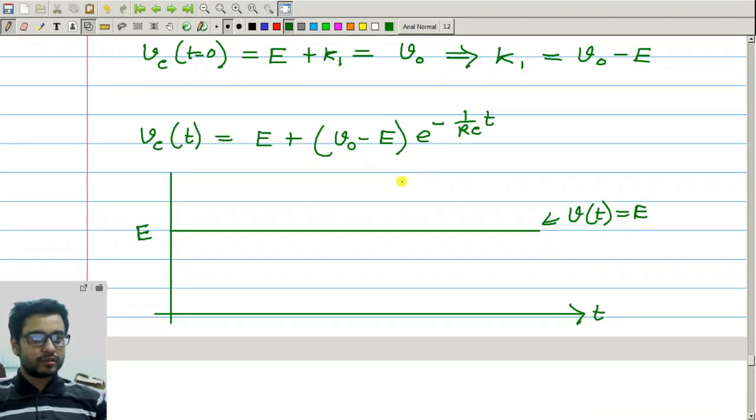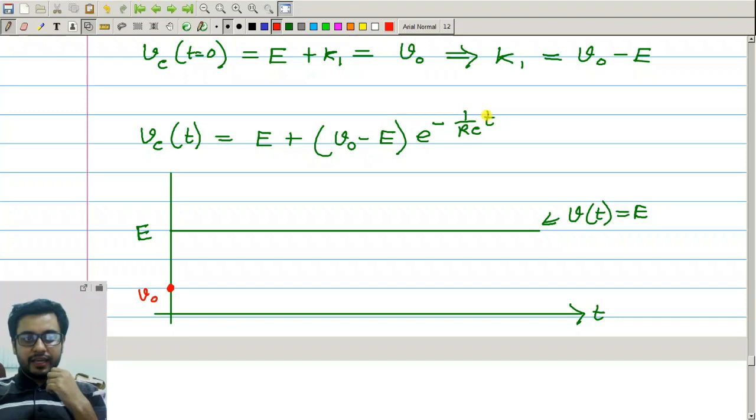Now at t equal to 0, if you put 0 here, then output voltage will be E plus this thing, and the exponential is 1. So initial voltage will be E plus V0 minus E, which is equal to V0. Suppose that is here.